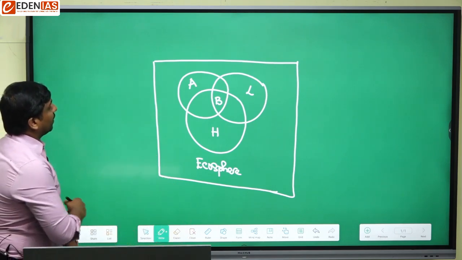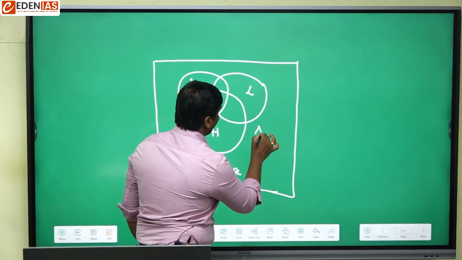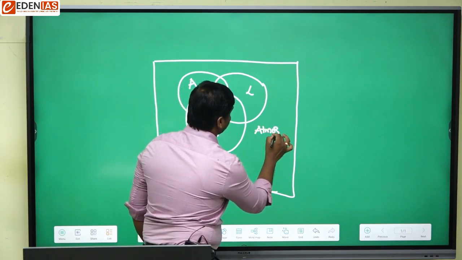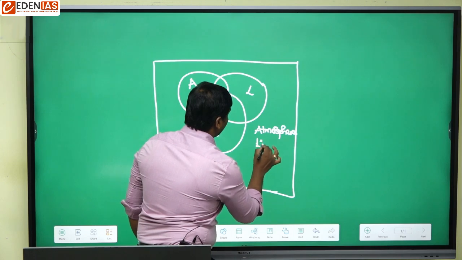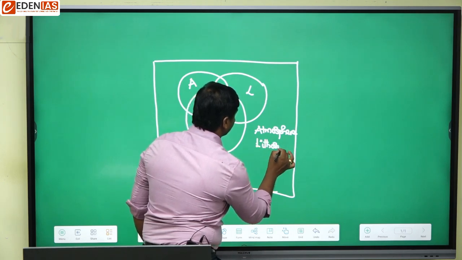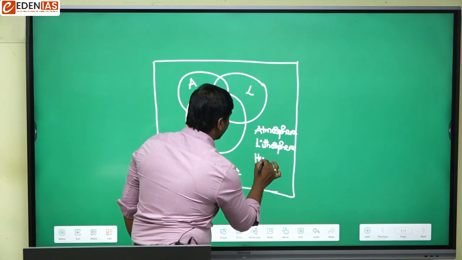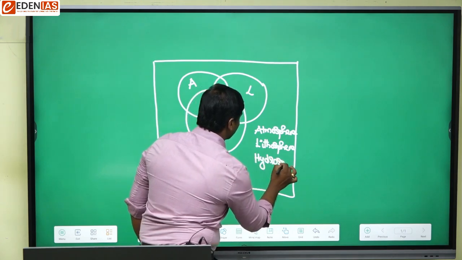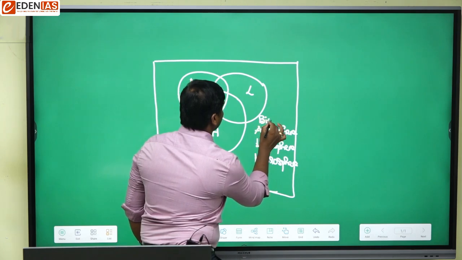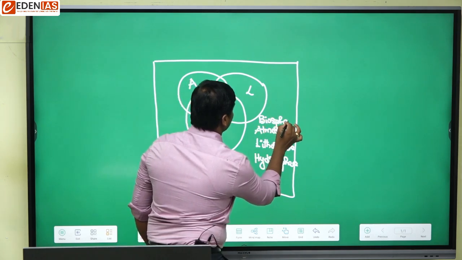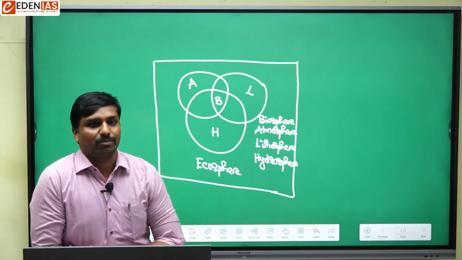So you can mention it likewise, where A refers to atmosphere, L refers to lithosphere, H to hydrosphere, and you will have the biosphere. These are the components of the ecosphere.